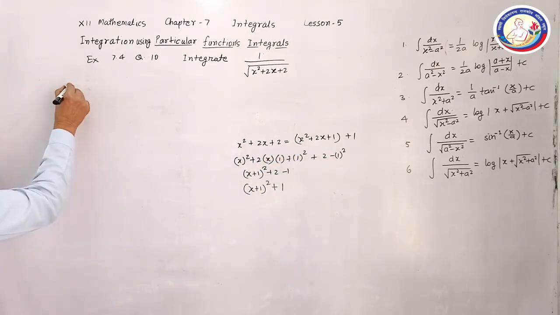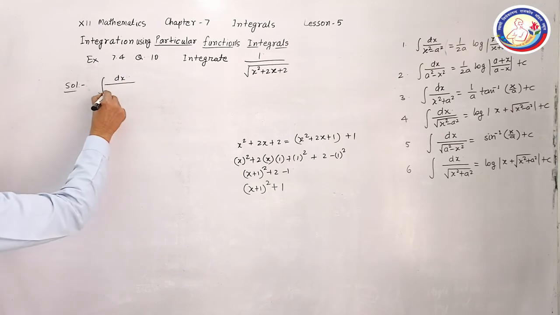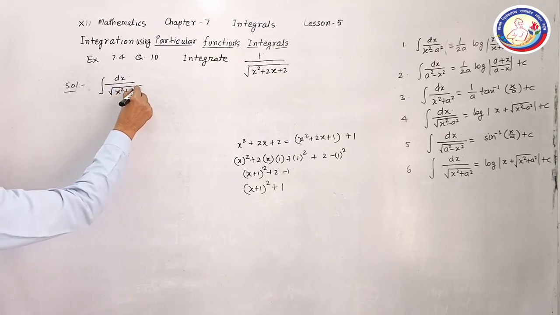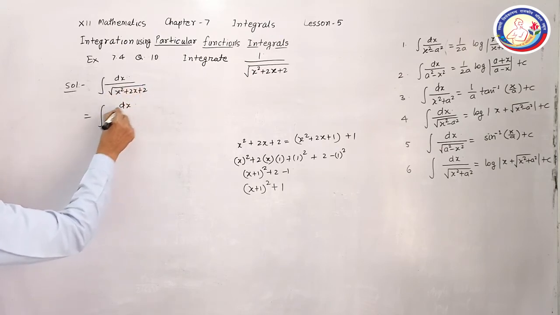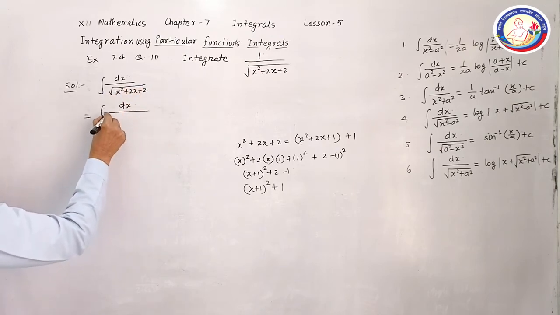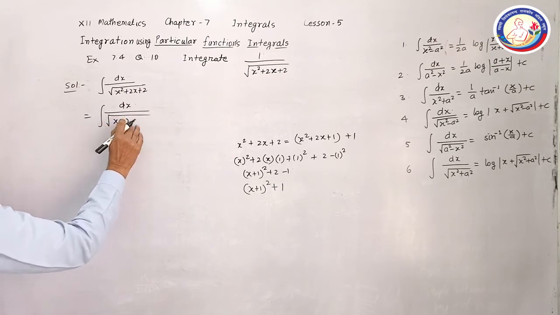So we can write it as integration of dx upon square root of x square plus 2x plus 2 equal to integration of square root of x plus 1 whole square.